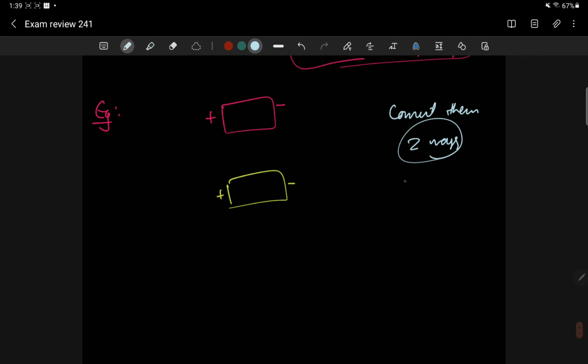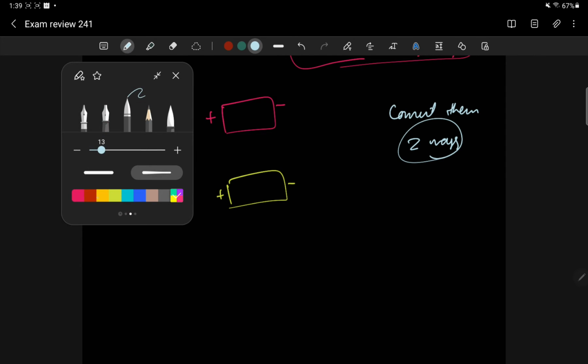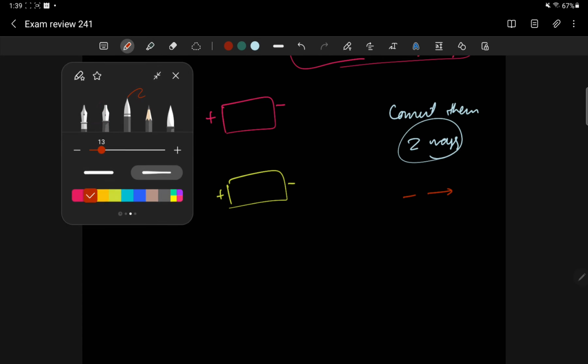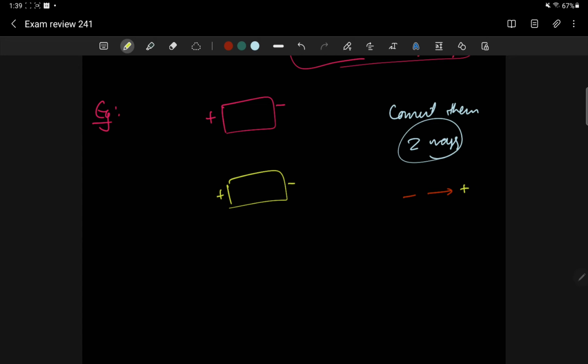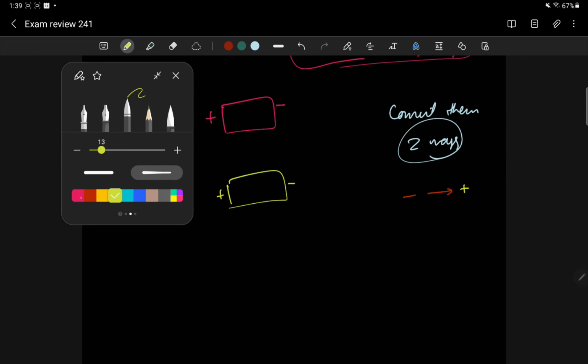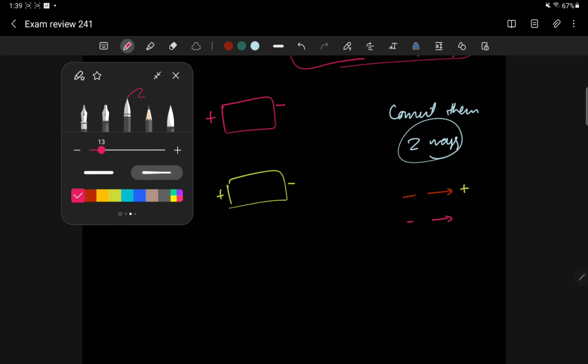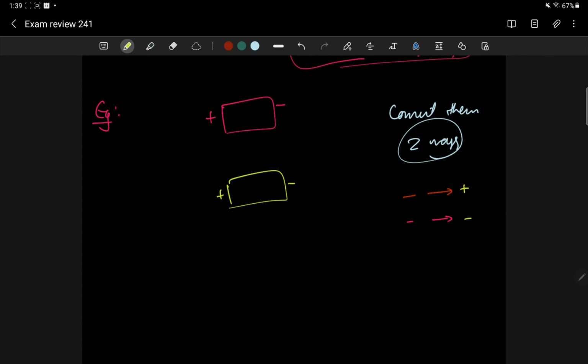I can connect the negative to the positive of the other one, or I can connect the negative to the negative of the other one. That's just a natural consequence of math, I guess. I mean, there's no other choices.